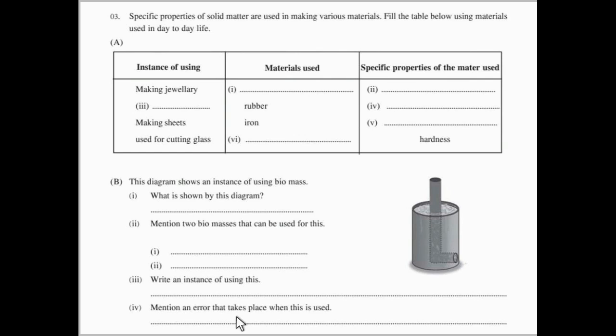Mention an error that takes place when this is used. Can you see an error? Yes, there is an error, which is that this one is made with metal tin.